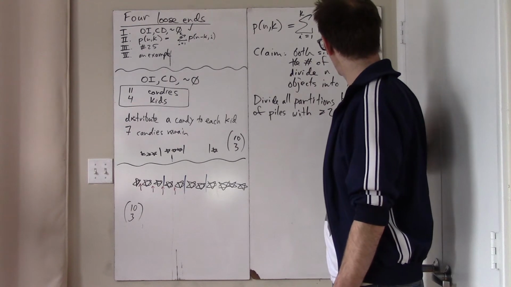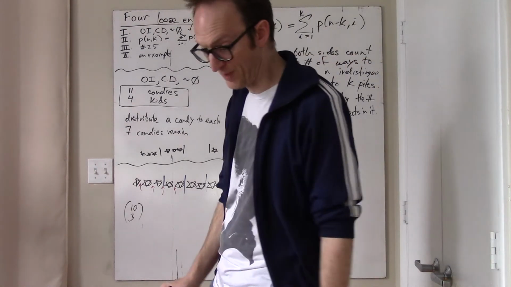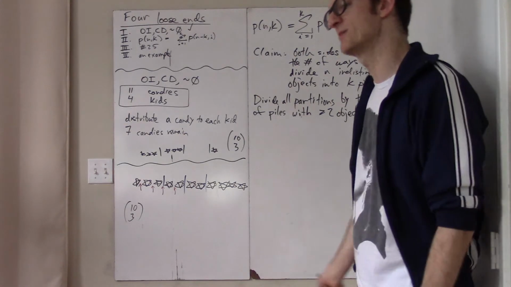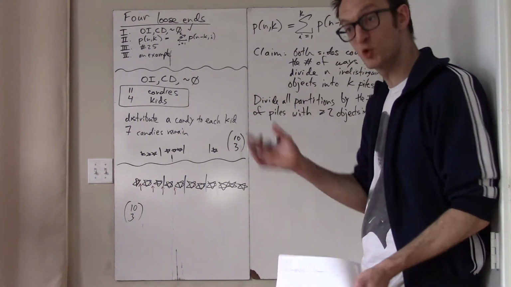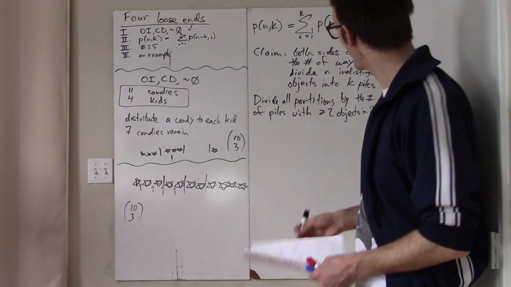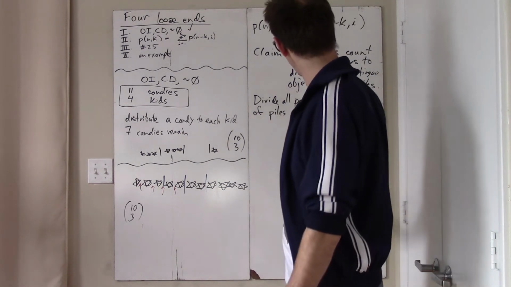In other words, when I did this originally, I did this with puppies, and puppies didn't like to be alone in a pile. They were happy when there were 2 puppies in a pile or more. Okay, and so here I'll just call them objects.